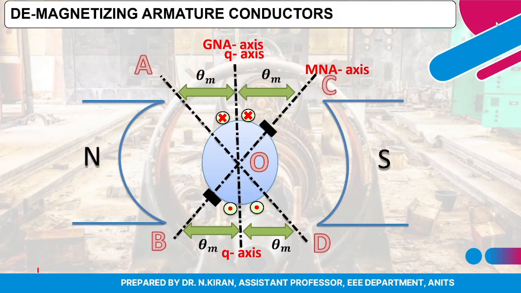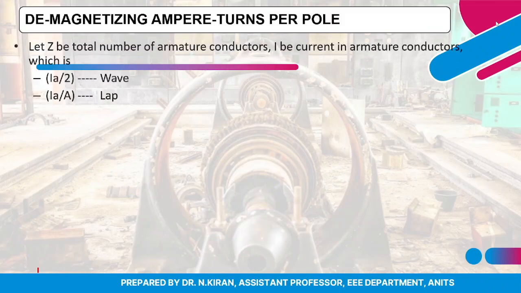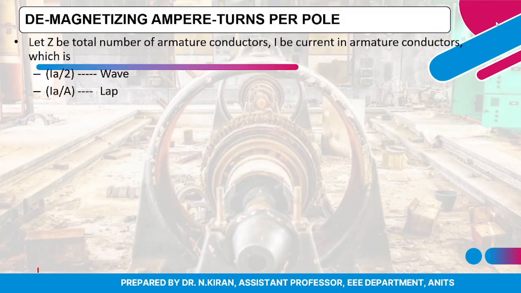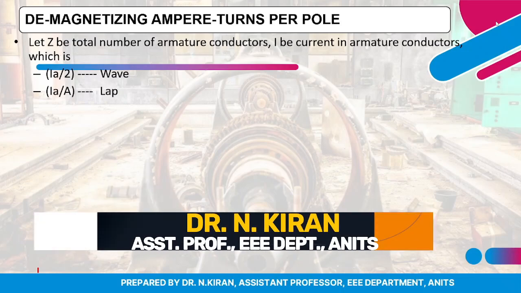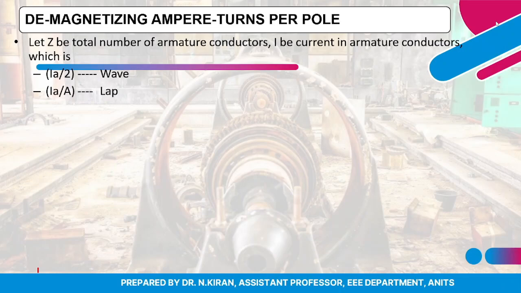We'll see cross-magnetizing conductors later. First, let us see the expression for demagnetizing ampere turns per pole. Let us consider Z to be the total number of armature conductors and I to be the total current in armature conductors, and this will be equal to IA by 2 in case of wave winding and IA by A in case of lap winding, where A is the number of parallel paths.